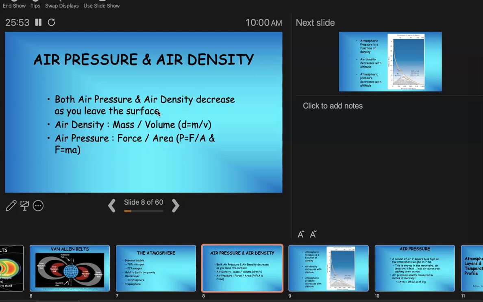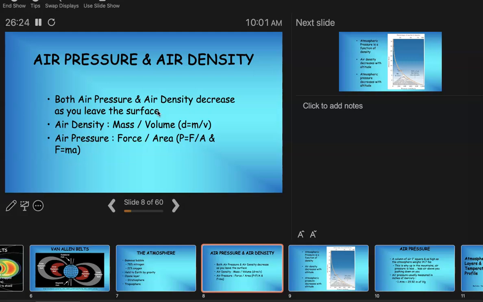And the why should have been obvious when we told you that it was thicker near the surface and thinner up there. But for those of you that weren't on the bus yet, let's explain that. Density is simply put mass per volume. You've got more air molecules close to the surface than you do 5,000 feet up.